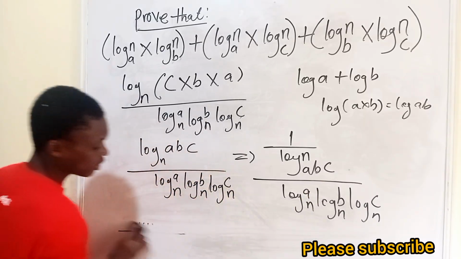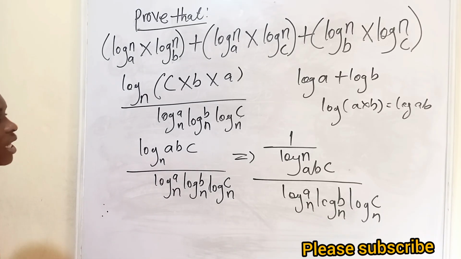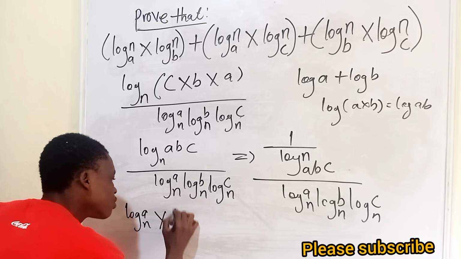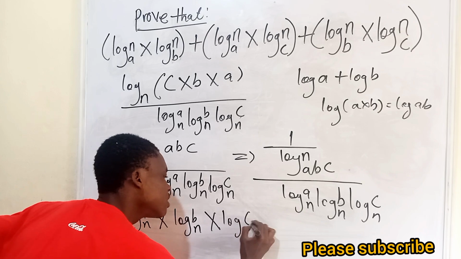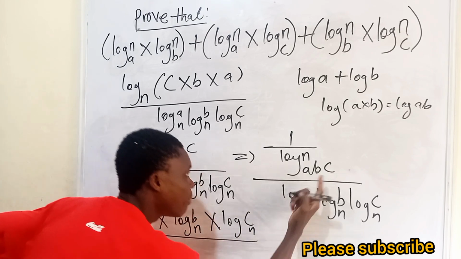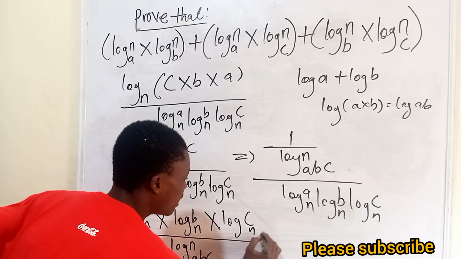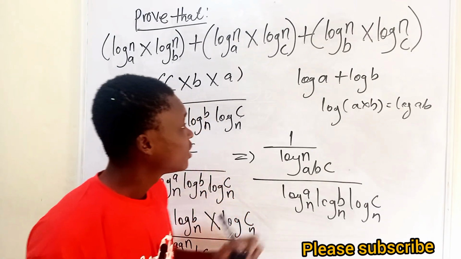Therefore, this is log a base n times log b base n times log c base n, all divided by log n base abc. This is the proof for this logarithmic equation.